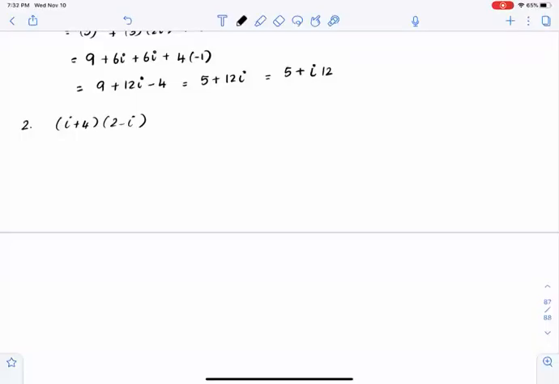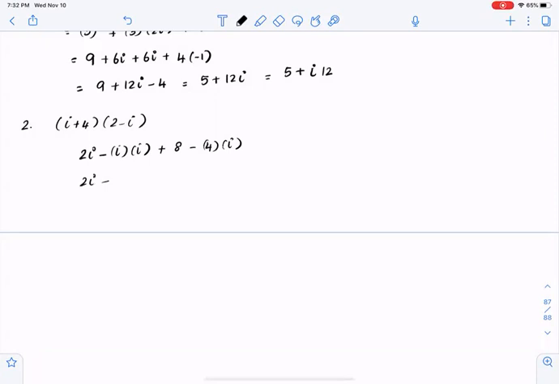So to multiply i plus 4 and 2 minus i, we do the same foiling process. i times 2, 2i, minus i times i, plus 4 times 2, 8, minus 4 times i.